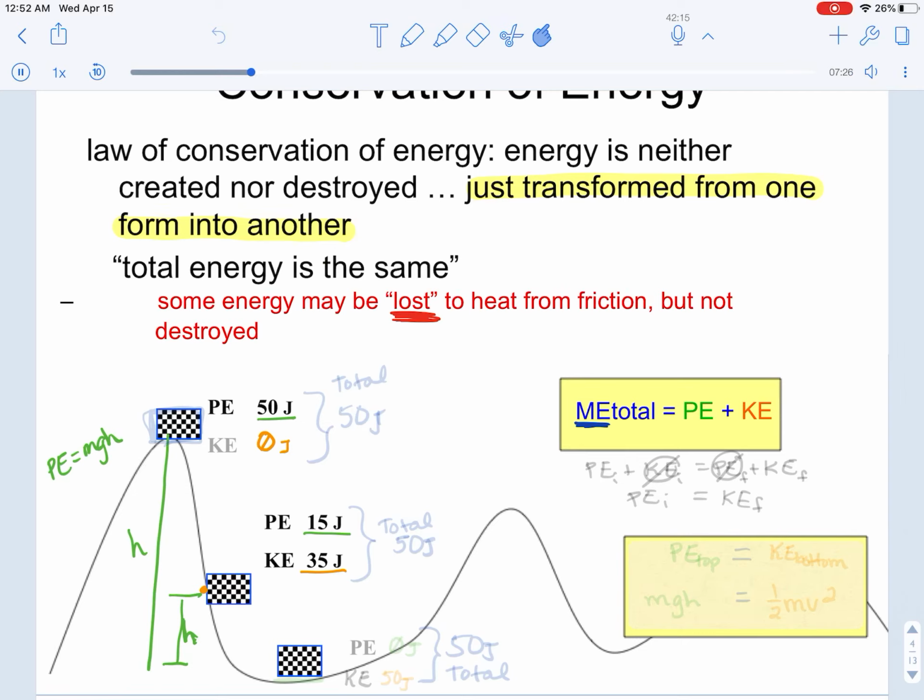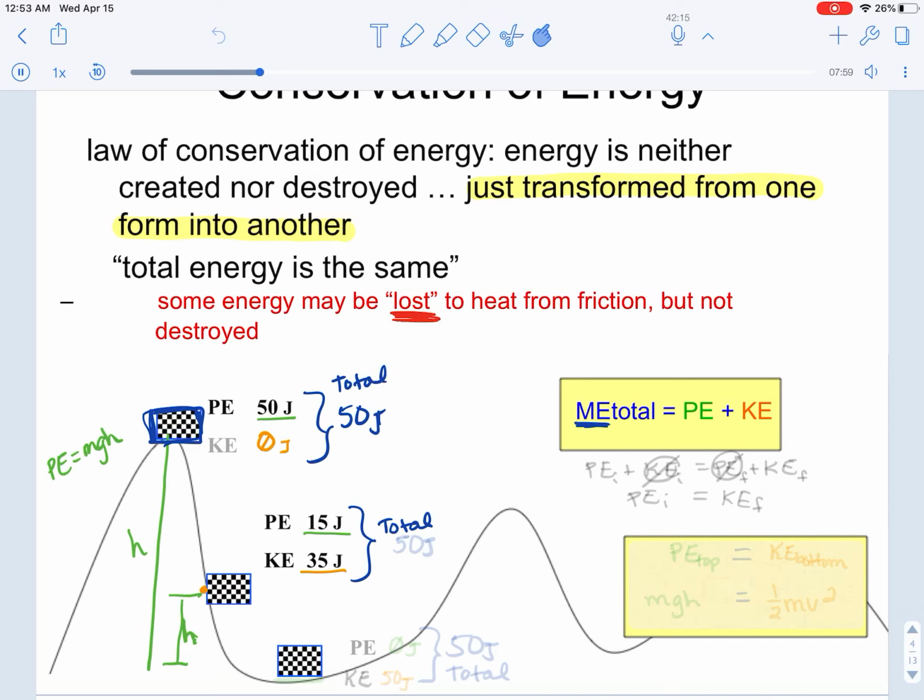And because my total amount of energy, my mechanical energy, is always going to be PE plus KE, I would simply add these two amounts together to find out how much total energy is available. Well, since I knew up here at the highest point it was all potential and no kinetic, this 50 joules was my total amount of energy available.